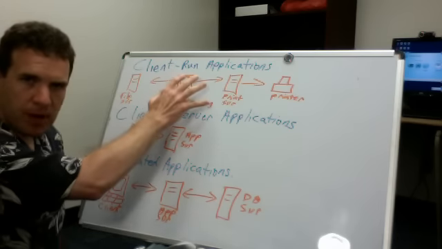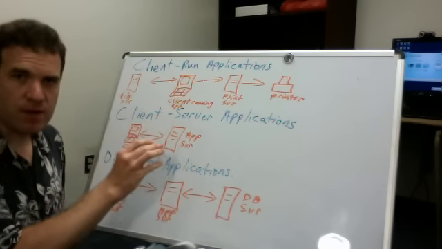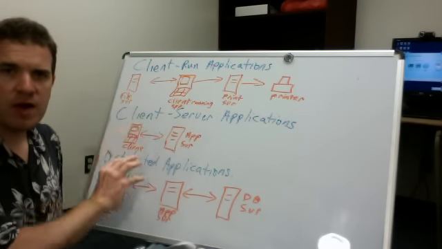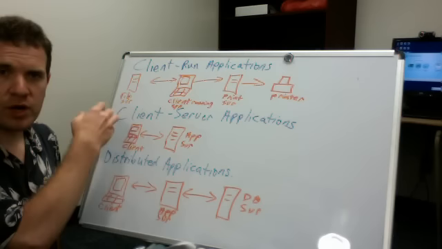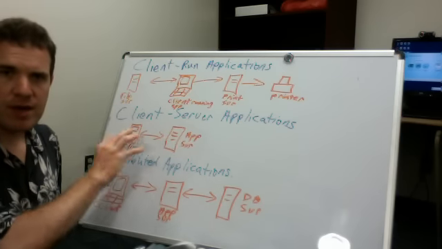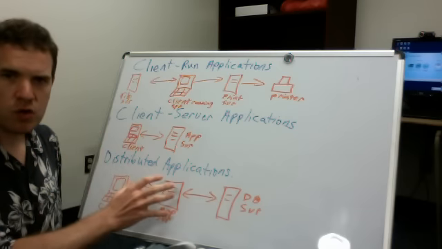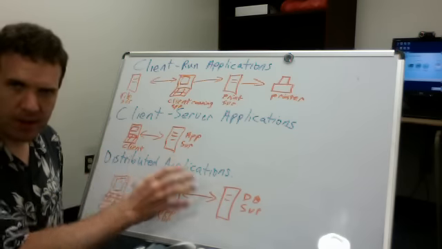We have client-run applications, like Office productivity software that just runs on the client, but accesses resources on the network through the servers. We have client-server architectures, like database systems, which are hosted on an application server and accessed by the client. And then we have distributed architectures with an application server acting in the middle of an interaction between the client and the database server.